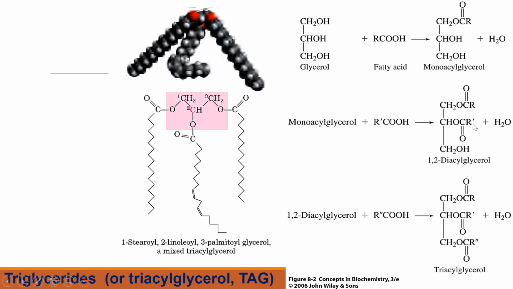From the monoglycerol, then you can have the second carbon to be esterified. You form another ester here, and then you have a diglyceride. You have two carbons being esterified, or you have the esters here of your fatty acids.